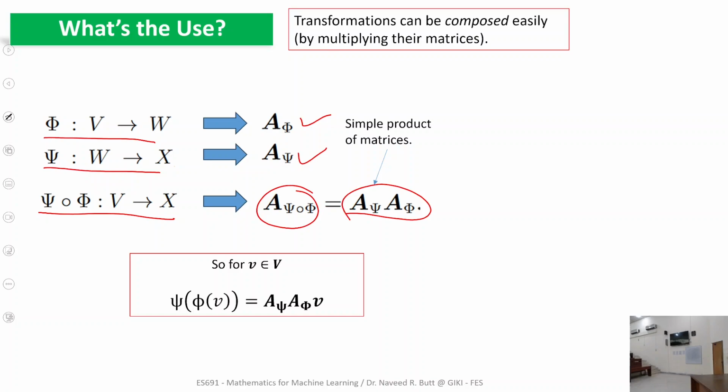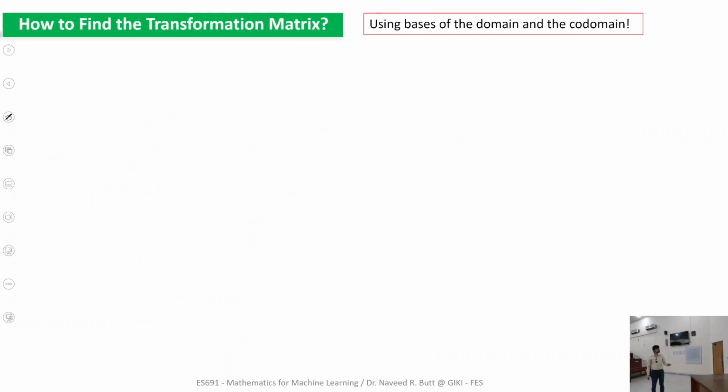The input will be either a vector, some x, or a collection of vectors, which will be a matrix. So instead of having to solve like this, you will solve simply like this. So it's evidently computationally consistent and convenient to represent.